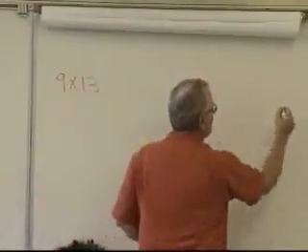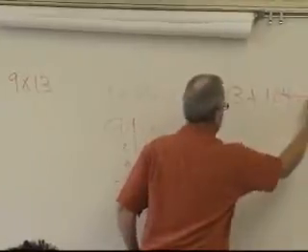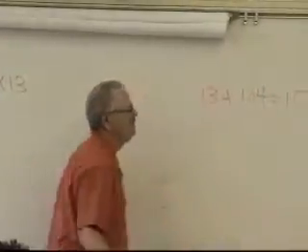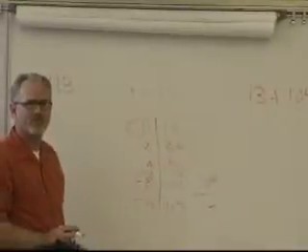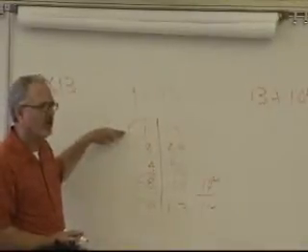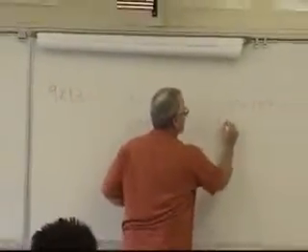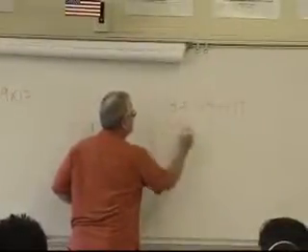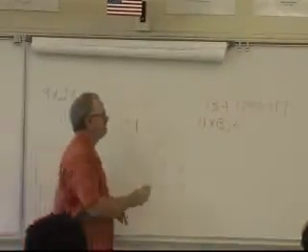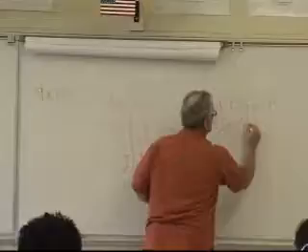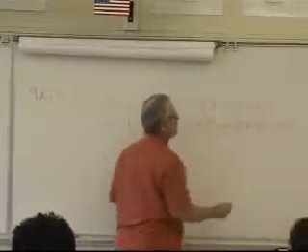We added 13 plus 104 to give us 117. Where did we get the 13 from? What were the factors that gave us 13? 1 times 13. And where did we get the 104? 8. So we had 8 times 13 equals 117.